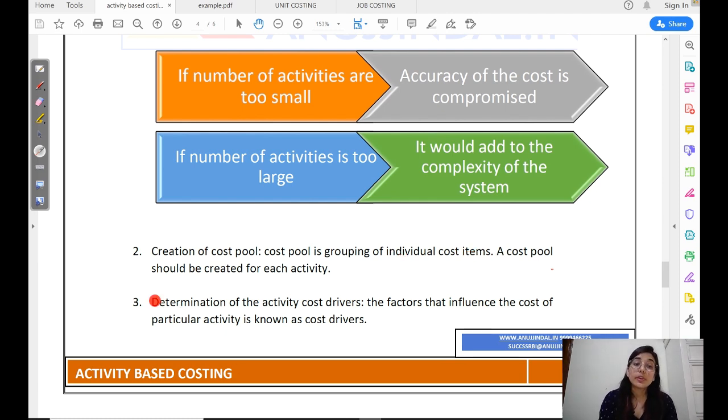Then we determine the cost drivers, right? I have told you, if you are setting up a machine, the number of setups would be a cost driver. If your activity is after sales service, then your cost driver could be how many calls you took, how many queries you answered, right?